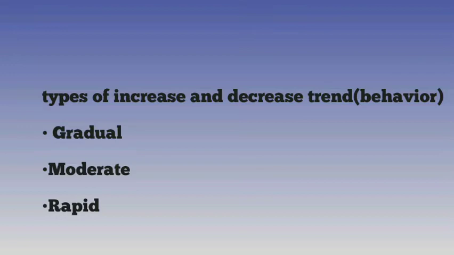What does it mean? It means increasing pattern can be very fast. You can have big changes, you can have small changes, and you can have moderate changes. Gradual represents small changes and moderate is for medium changes. Rapid is for big changes.